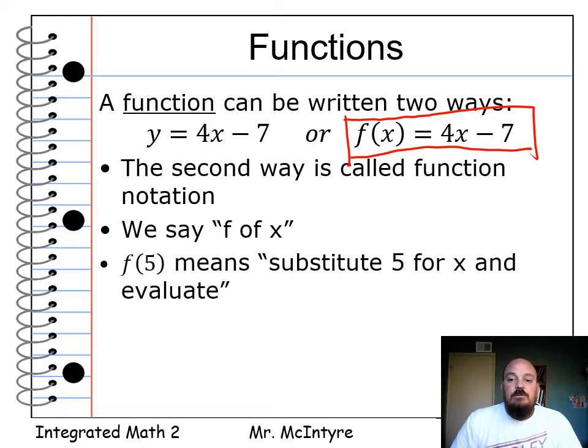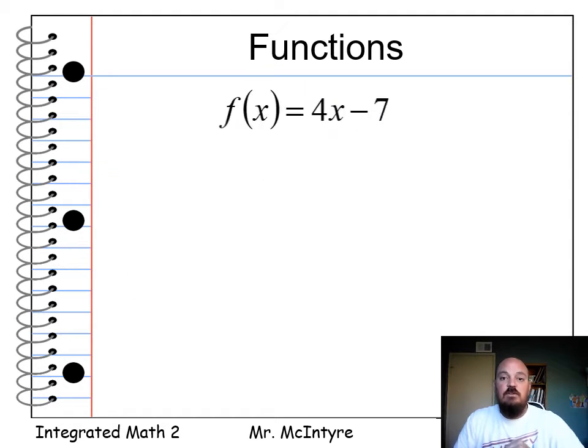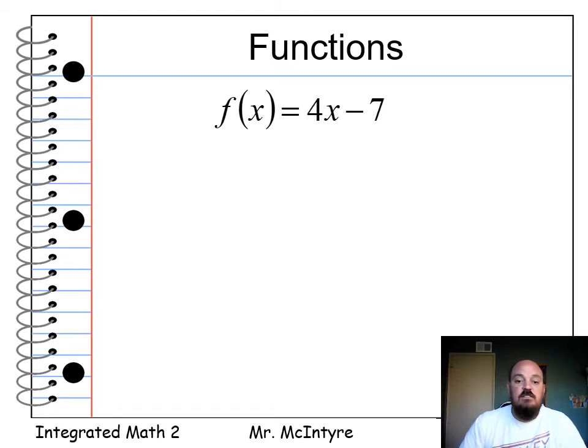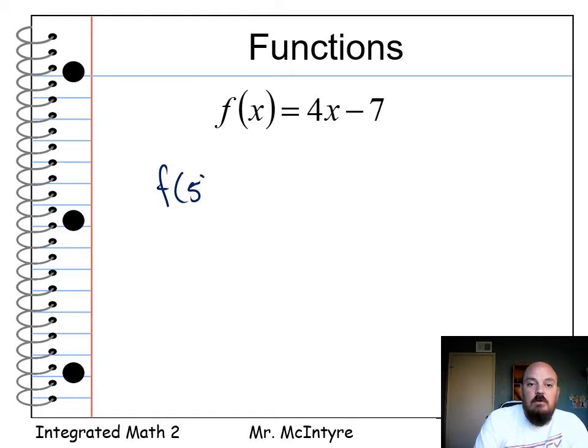What we're going to focus on today is just, very simply, how to use function notation to evaluate. If I give you a function f of x and I say find f of 5, I'm telling you to plug 5 in for x. So let's take our same function, f of x equals 4x minus 7, and find f of 5.